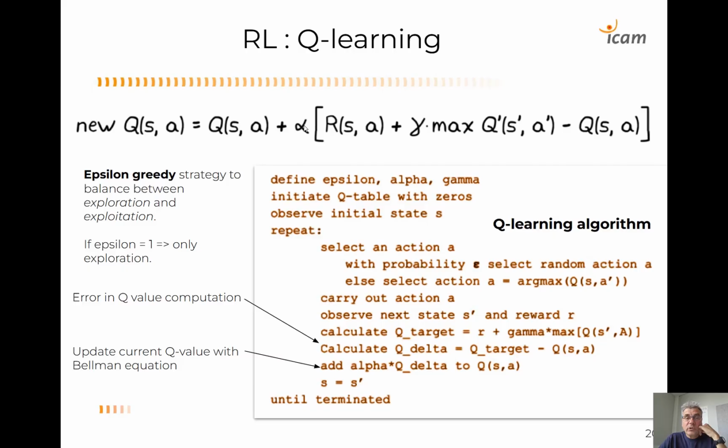And Q delta multiplied by alpha here, and this value, Q delta multiplied by alpha, is added to the current Q value QSA, and it's the new value of QSA. And of course, the new state is the state that we reach after performing the action A, so the state S prime. And then we continue like this.